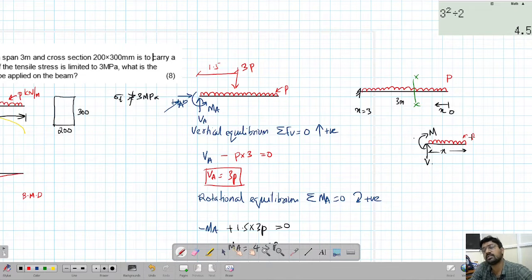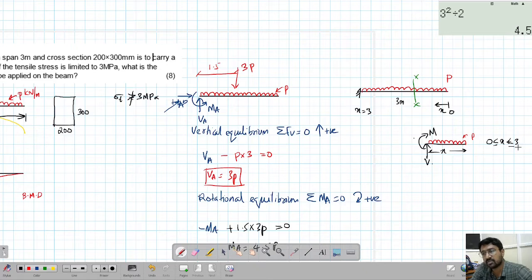What I have drawn here are the internal forces. For a beam, there will be two internal forces, a moment and a shear. If there is an axial force on the beam, there will be an axial force also. Since there is no axial force on the beam, we don't have to draw that. This is the internal moment coming at this point. Now you can see x is from 0 to 3.